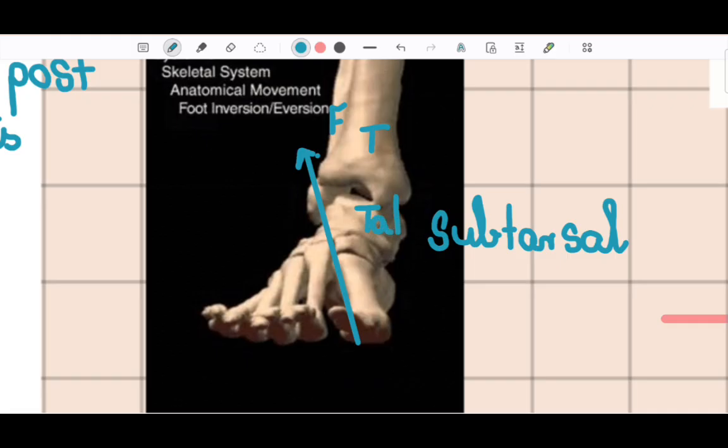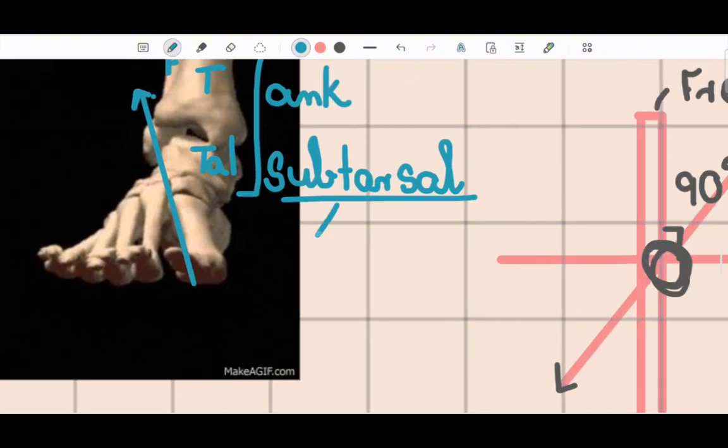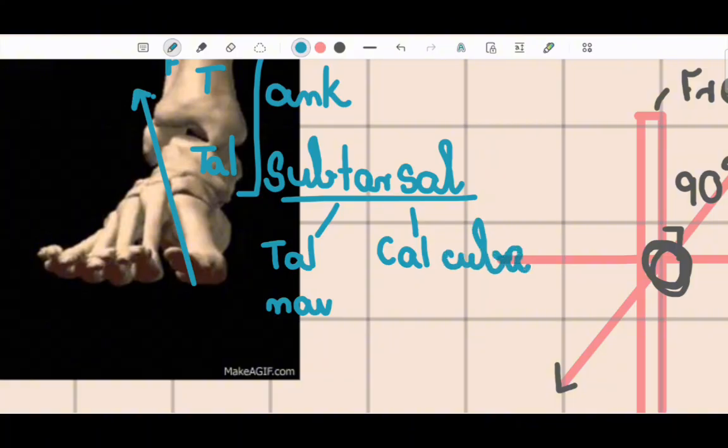Okay, so these are the components of the ankle joint. And the subtarsal joint is basically formed between the talonavicular, calcaneo, cuboid. Okay, so these are basically subtarsal joints.